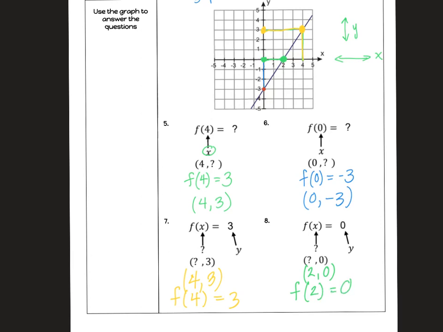equals 0. You should be referring to the graph on the previous page for these next two questions. Because of the app that I'm using, I cannot go back and continue recording, but ideally you would be referring to the graph. So number 9 is asking us what is f of 4 plus 7.